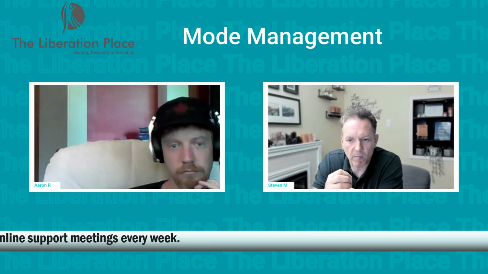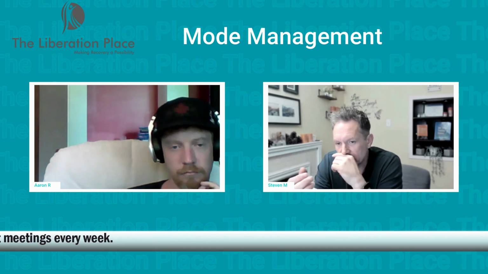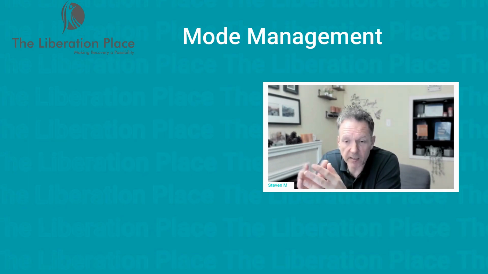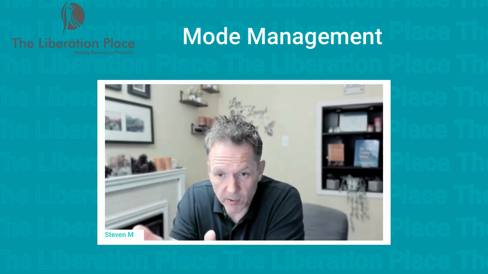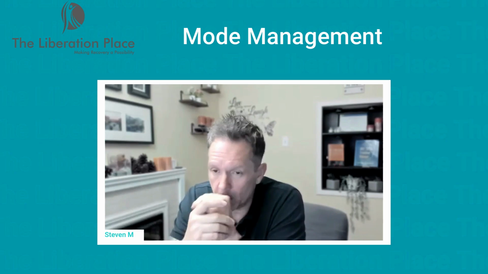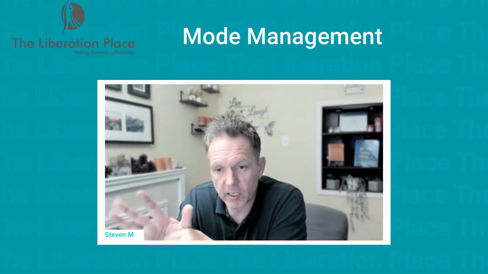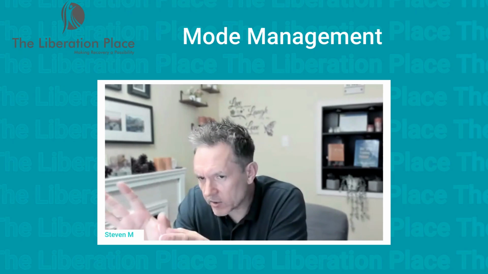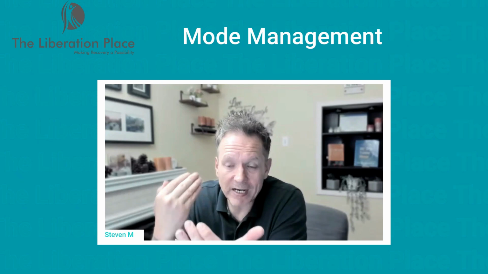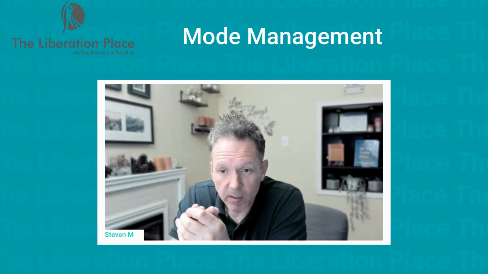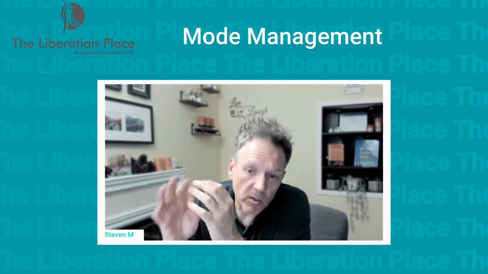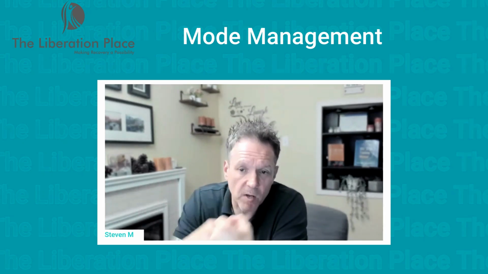We use the skills of distress tolerance to practice mode management, because mode management is basically, before I can start to remove the rigidity that is attached to particular schema that get activated in my system, which is ultimately what we're trying to do, and we'll get into that when we start talking about emotion regulation in the next conversation, I need to be able to manage the parts of my personality that are reacting to the distress that's in my system. And that's called mode management.